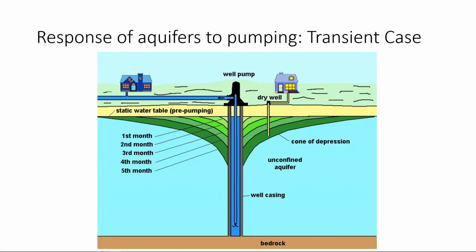Here is a good example. I like this example because it shows one of the consequences of pumping. Let's say you have a small house or farm here, and you have this well for domestic use. Then some large farm or industrial facility or big user comes and drills this deep pumping well, and here is the well casing.